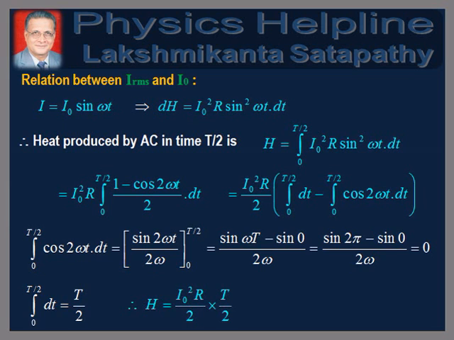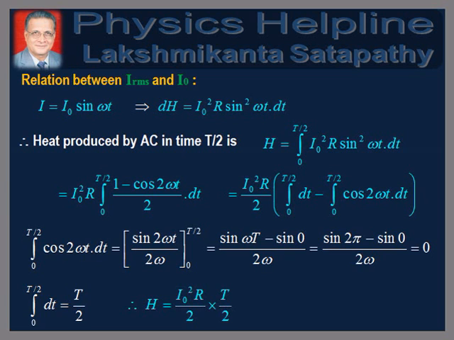Putting sin²ωt = (1 − cos 2ωt)/2, we get H = I0²R/2 into [integral dt from 0 to T/2 minus integral cos 2ωt dt from 0 to T/2].